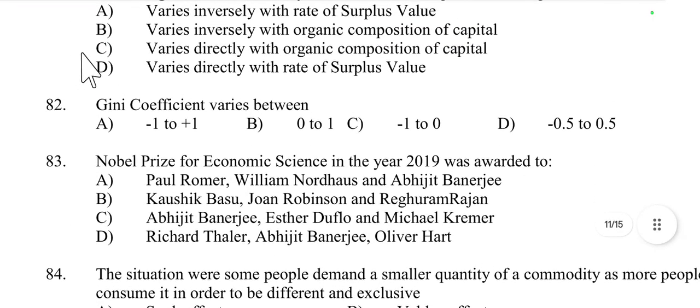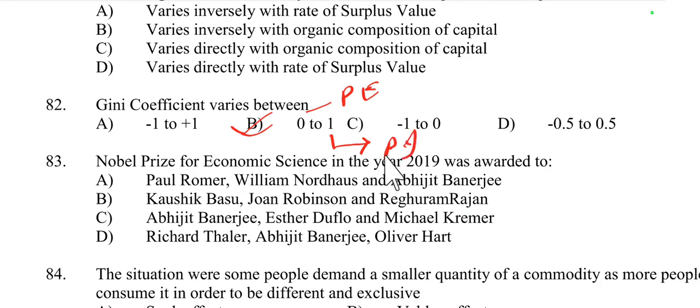Then question number 82. The Gini coefficient varies between: -1 to +1, 0 to 1, -1 to 0, or -0.5 to 0.5. The Gini coefficient varies between 0 and 1, so option B is correct here. 0 represents perfect equality, and 1 means perfect inequality, that is, total inequality.